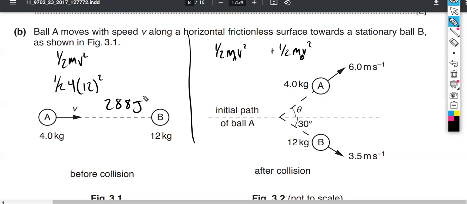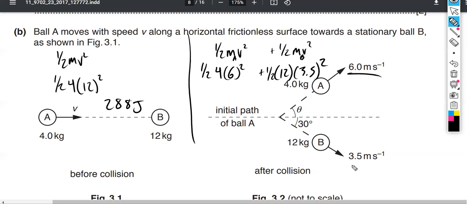Now, energy is neither created nor destroyed. But just because it doesn't show up as kinetic energy doesn't mean it's destroyed in the universe. We're trying to say, if the kinetic energy is all still there, then that's a perfectly elastic collision. So we know everything about this: one half 4 times 6 squared plus one half 12 times 3.5 squared.